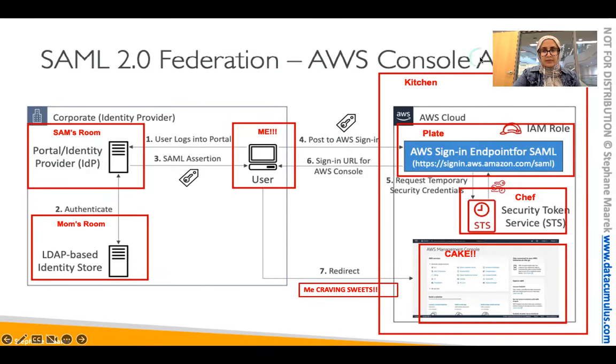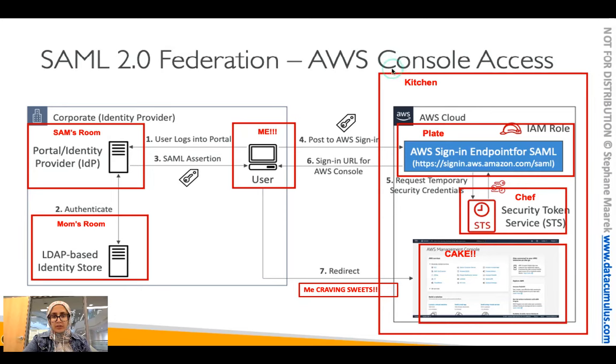Okay, and now we have SAML Federation with the AWS console, right? So again, it's me sitting here. I go through the SAM's room, which is the portal or the identity provider. I go through the identity store, which is my mom's room, and then they give me a SAML token. I take that SAML token, and in this case, I consider this one as a plate, right?